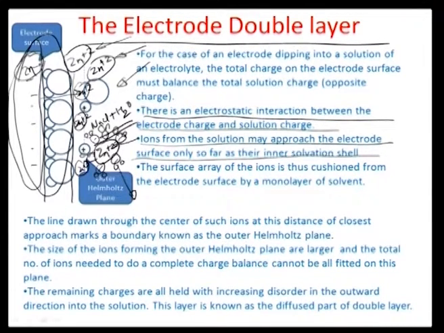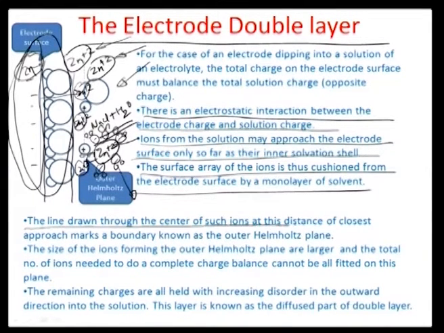So, as much as this solvation shell can allow, only that much distance the ion can have in proximity to the electrode charge, the electronic charge which is on the electrode. So, the surface array of the ions is thus cushioned from the electrode surface by a monolayer of solvent. The line drawn through the center of such ions at this distance of closest approach marks a boundary, and this is known as the outer Helmholtz plane, indicated here.